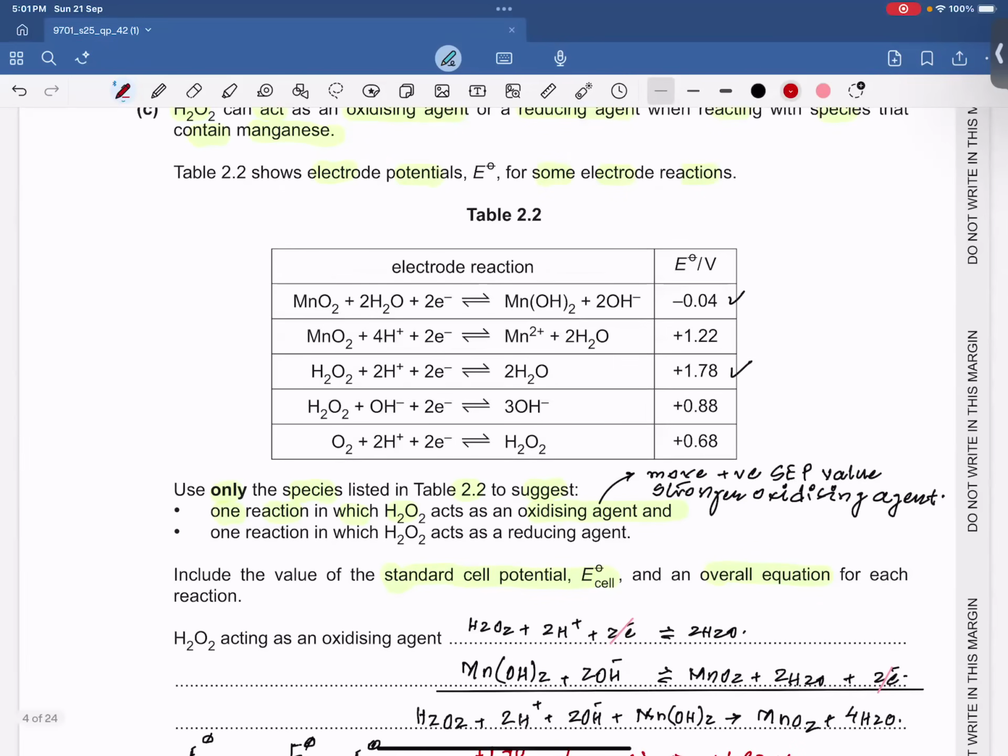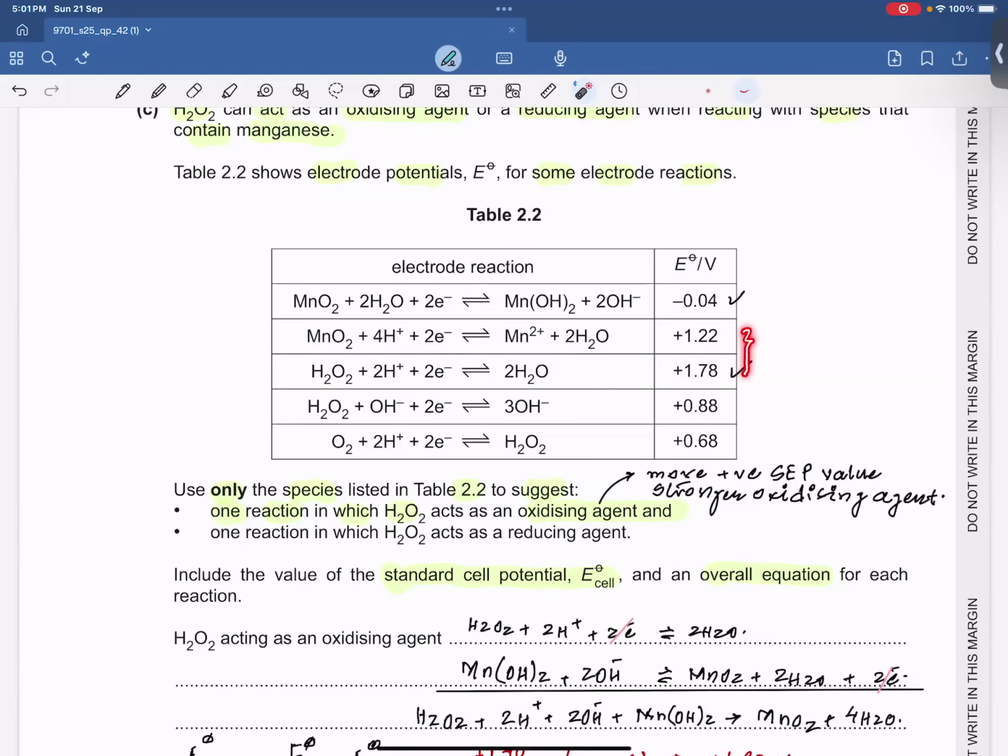Some student thinks that we can use these two values also. So this could be written in reduction form, and this could be written in the oxidation form. And for that, we need to flip the equation. That can also be an alternative answer, right? But look at this.